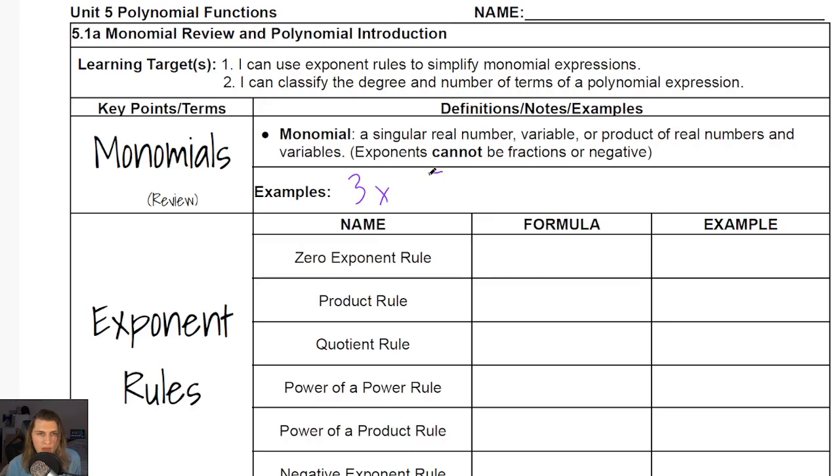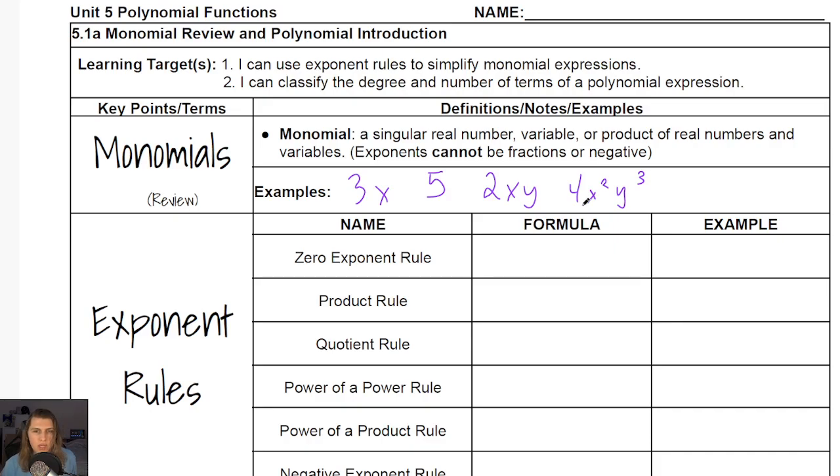You may just have a number like 5. You may have multiple variables in a term, so something like 2xy. You may also have something like 4x squared y cubed, because this is still considered one term.